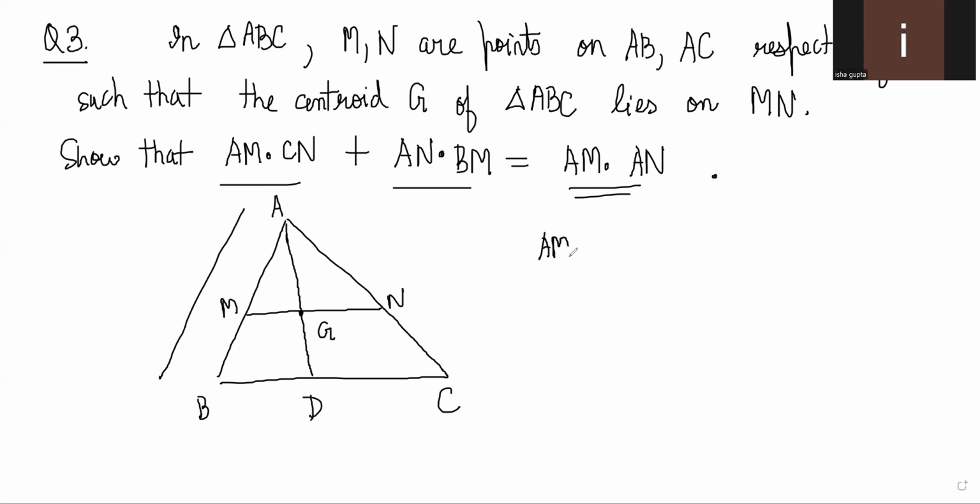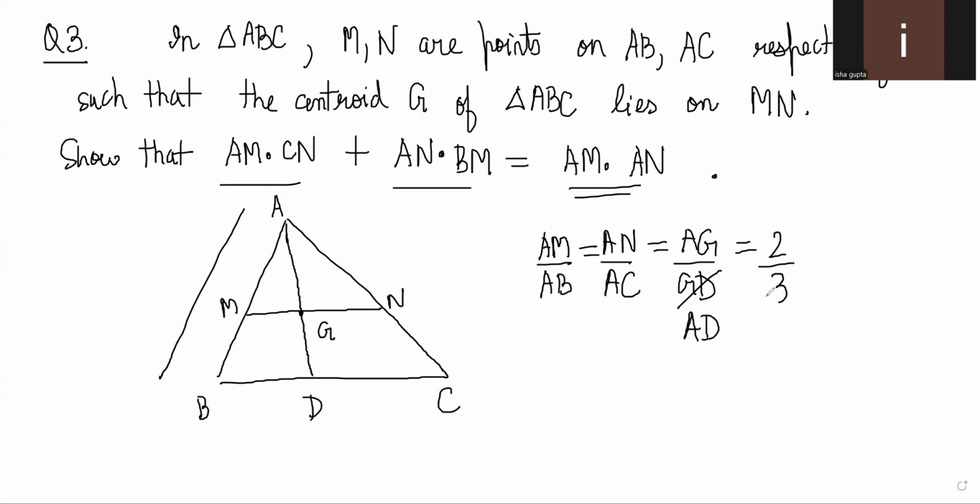It is also equal to AG by GD, which is 2 is to 1. No, it is not AG by GD, it will be AG by AD, so that will be 2 is to 3. So we know these are 2 is to 3, 2 is to 3.